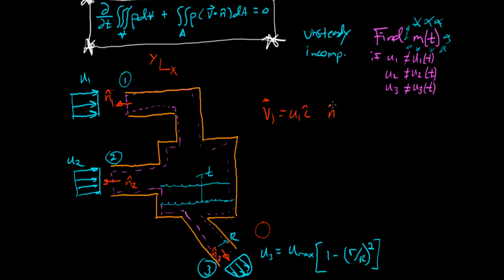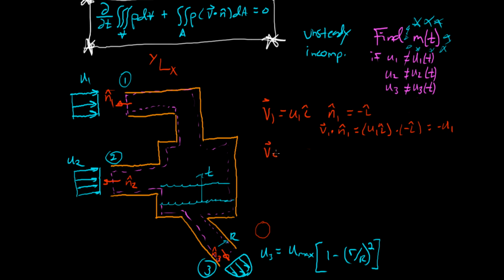We can look there at n1, and like in several examples before, it's pointing in the negative x direction, so that's a minus i hat.